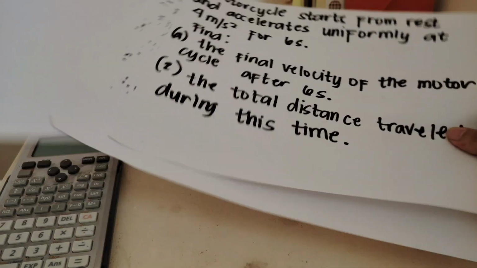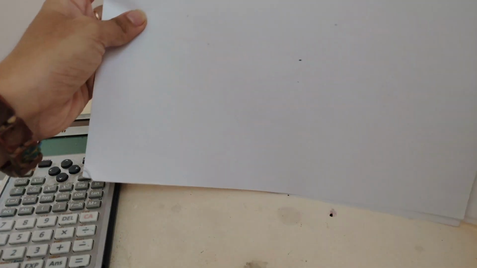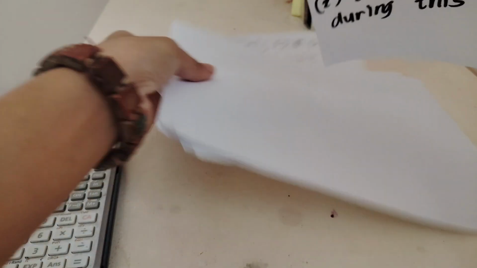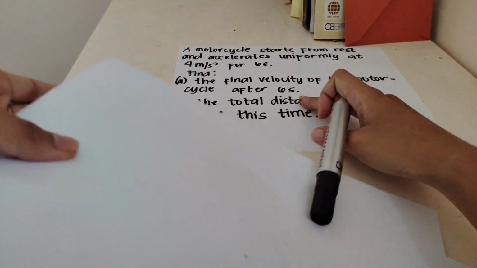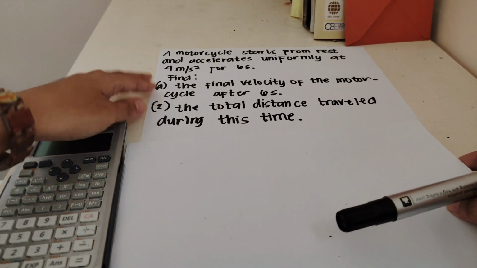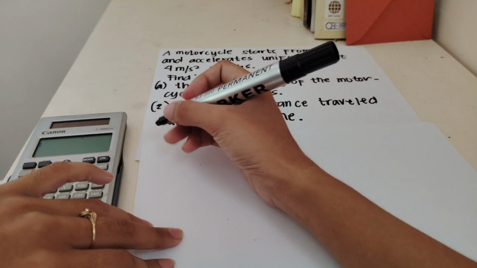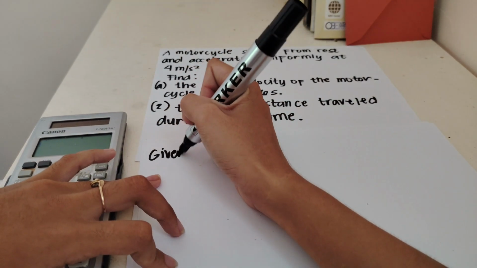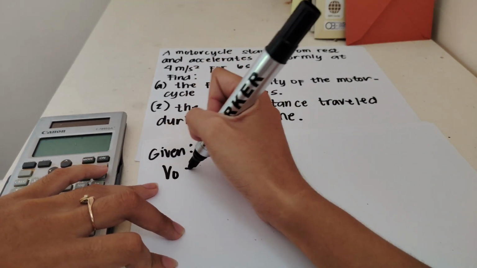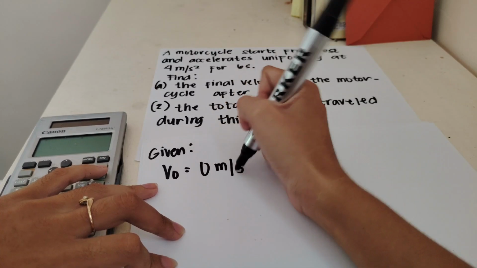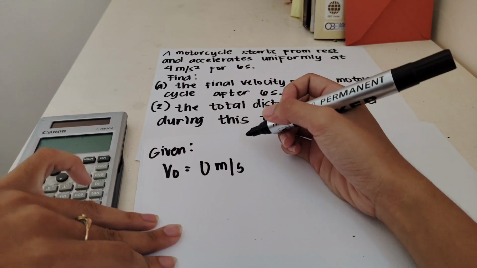So let's write the given data. So the given, we have initial velocity of 0 meter per second since it starts from rest.